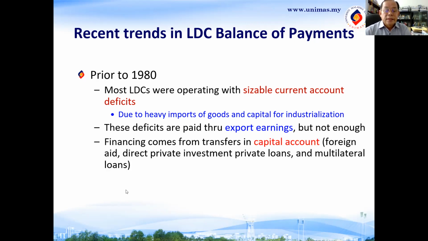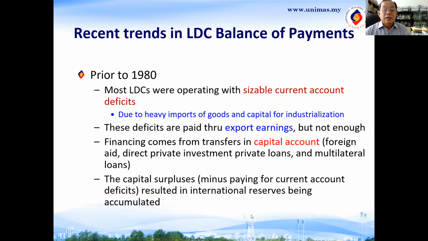So financing then comes from transfers in the capital account, which is from the foreign aid, the direct private investment, private loans, and also multilateral loans as well. Jadi finance to pay for the deficit tadi datangnya daripada capital transfer in the capital account.